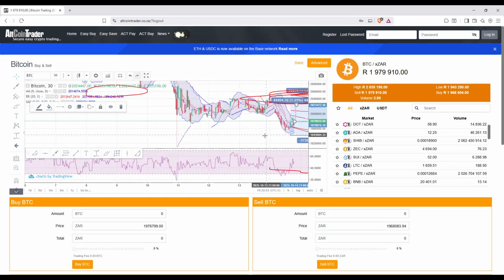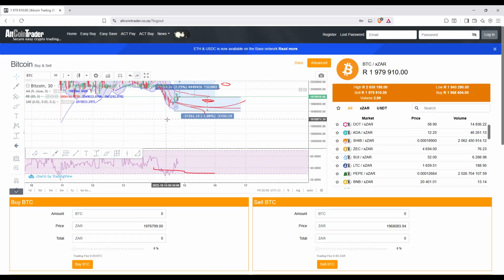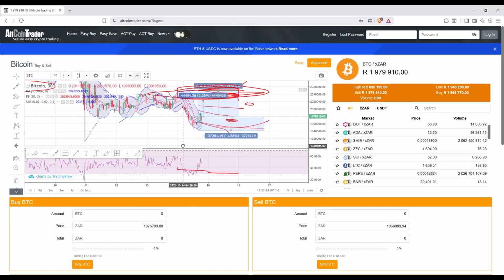We went down to, what was the price, 1.8 million rand somewhere. And yeah, you can trade with 5 rand, 20 rand, 100 rand, 10,000 rand, 1 million rand at a time.